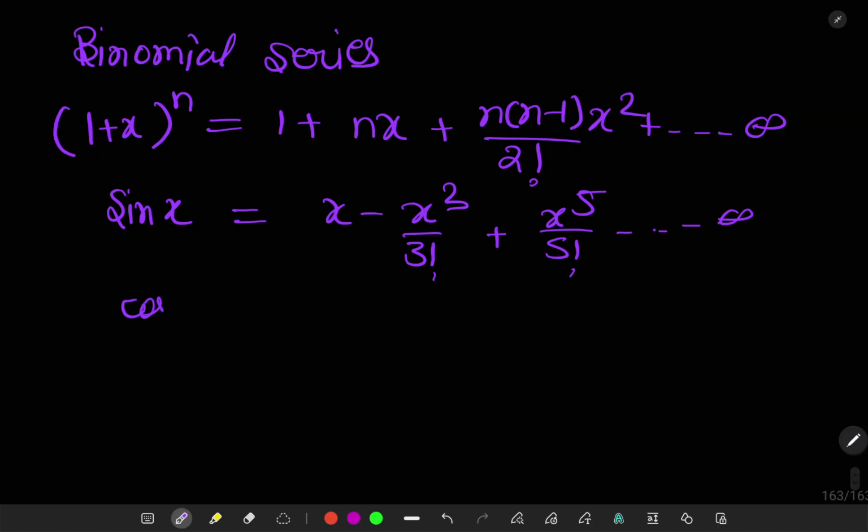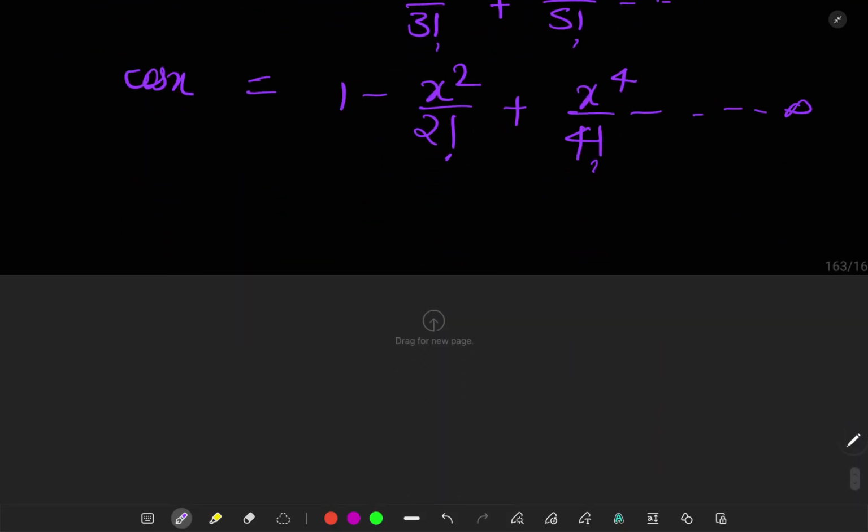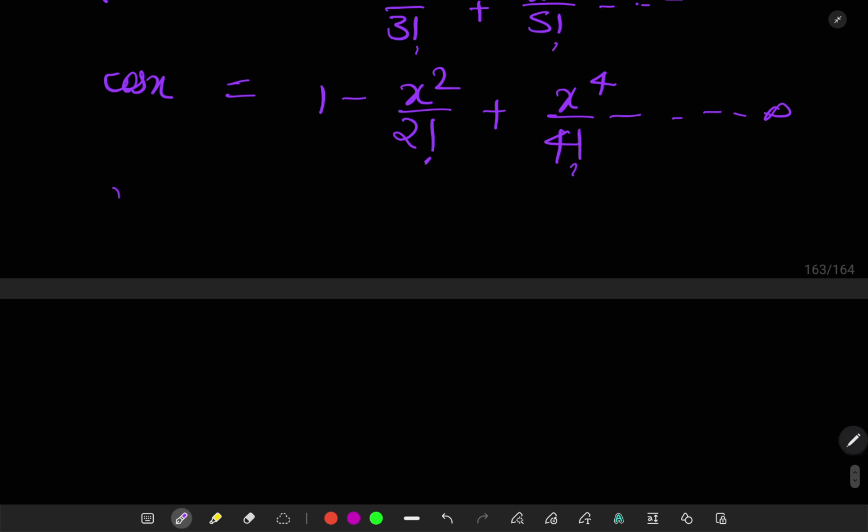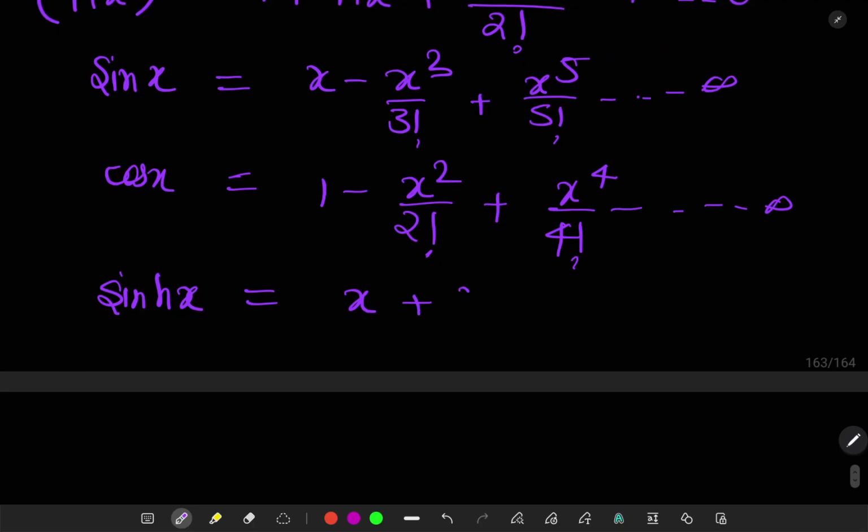And for cos x we can write here 1 minus x square divided by 2 factorial plus x raised to power 4 divided by 4 factorial minus up to infinity. Now for sin hyperbolic x, the expansion becomes x plus x cube divided by 3 factorial plus x raised to power 5 factorial up to infinity.